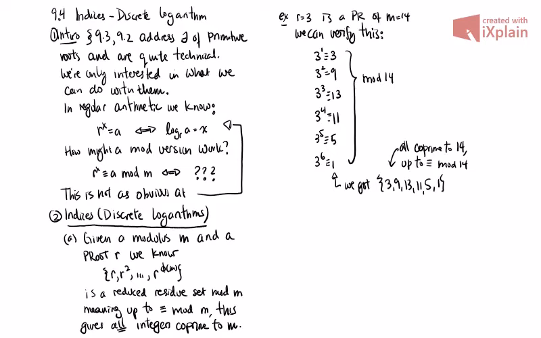This also shows that 3 is a primitive root, because the order mod 14 of 3 is phi of 14, which is 6. In other words, that's the first power that gives us 1.